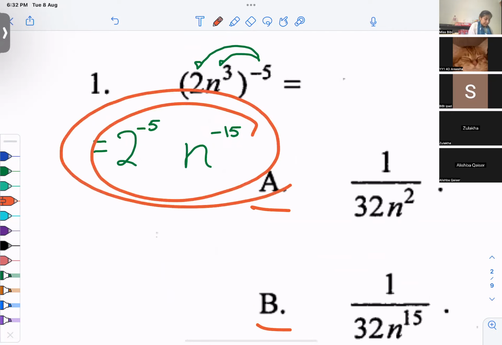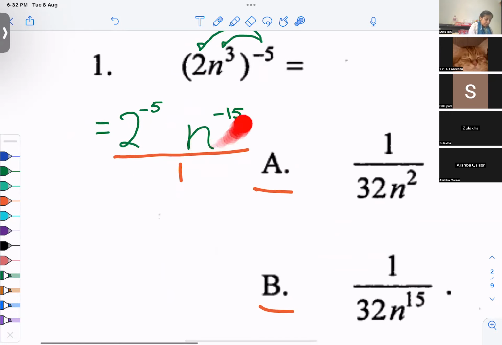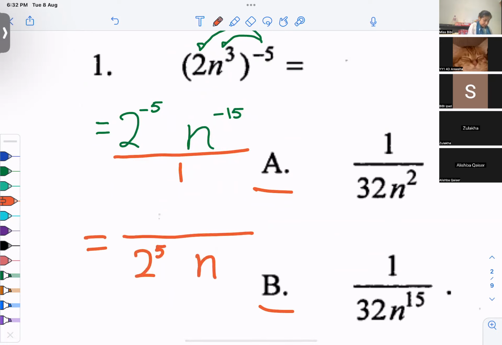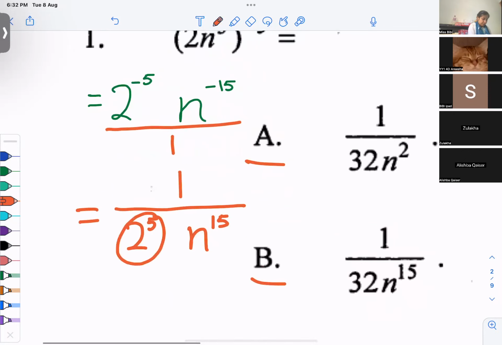Now this thing, it actually means it's over 1. When something is over 1, we don't write it. And now if you want to switch the places, if it's above, you move it down. It will be 2, 5, and then N15. And the 1 goes up. And then 2, 5, you can click it, it will be 32.